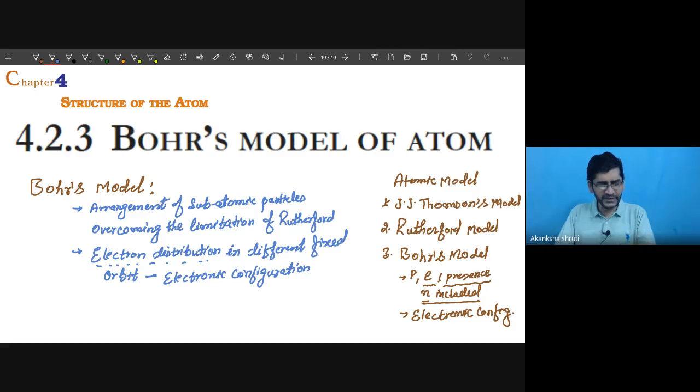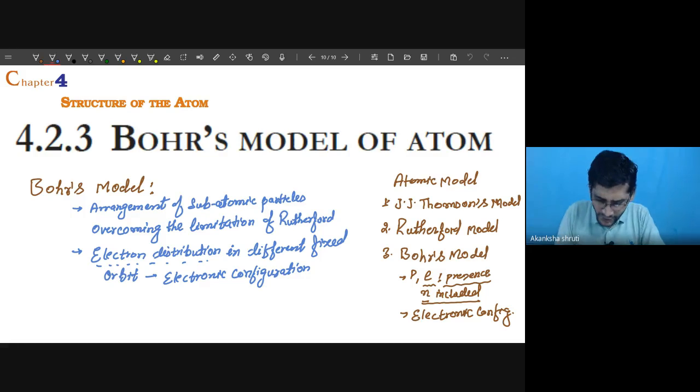Another important thing Bohr gave was, if there is a fixed path around the nucleus, how many electrons can this path contain? That was also given by this Bohr model or through the Bohr-Bury scheme. This distribution of electrons in different paths is called electronic configuration.